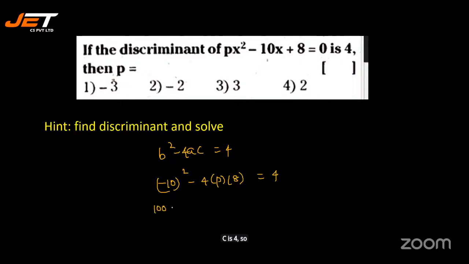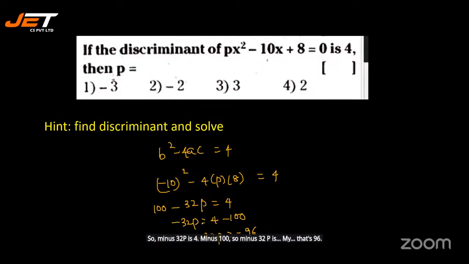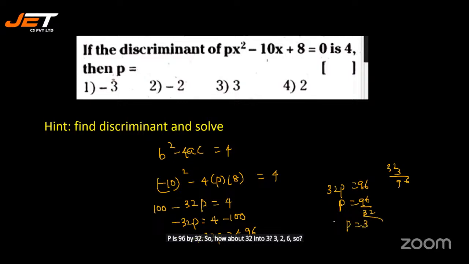So 100 minus 8 fours are 32, 32p is 4. So minus 32p is 4 minus 100. So minus 32p is minus 96. So minus minus will get cancelled. 32p is 96. P is 96 by 32. So 32 into 3 is 96. So P is equal to 3. Isn't it? Let's see the answer. Yes, P is equal to 3.